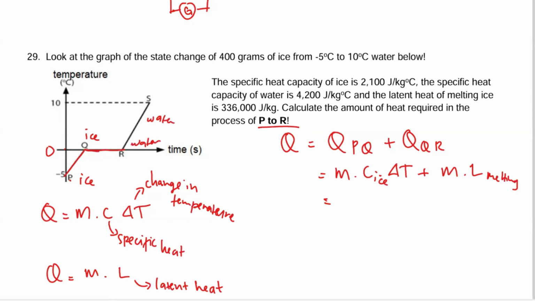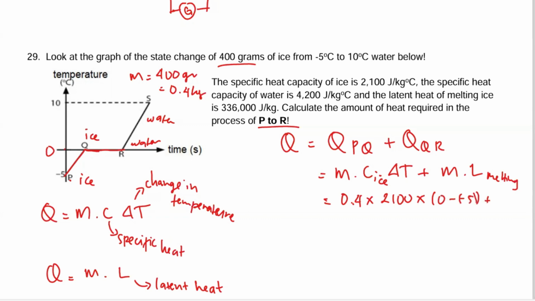Okay, so the mass is given as 400 grams, so mass equals 400 grams or 0.4 kilograms. We just need to put it here: 0.4 times the c of ice, which is 2,100, times the delta T from -5 to 0. You can just count 0 minus -5, right?